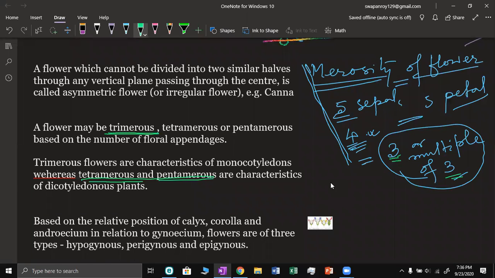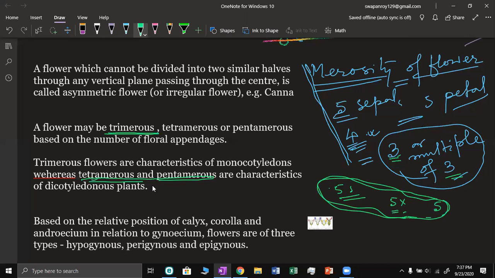In the case of China rose, you will find that there are usually five sepals, five petals. The androecium stamens are many, and they are actually multiples of five, that is 5x, you can say. And the gynoecium also you will find five. So this type of flower having five is pentamerous. Penta means five.